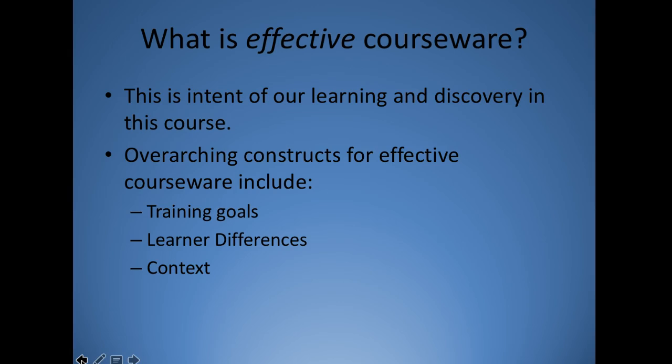And then different constraints such as those related to budget, time, and management expectations. There are a lot of things that you have to consider, and sometimes you have to let those be your basic guidelines when you're developing your learning.